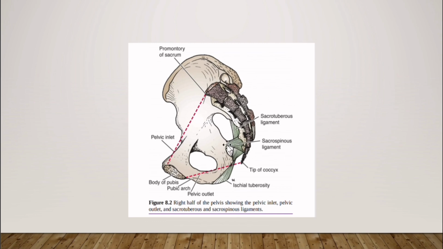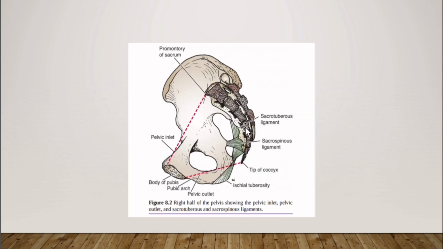The sacrospinous ligament is triangular, the base coming from the lower parts of the sacrum and the coccyx, attaching to the spine of the what? Of the hip bone. Then we have the sacrotuberous ligament originating from the anterolateral surface of the sacrum and some part of the coccyx, attaching to the ischial tuberosity.